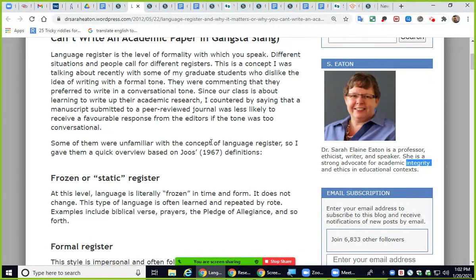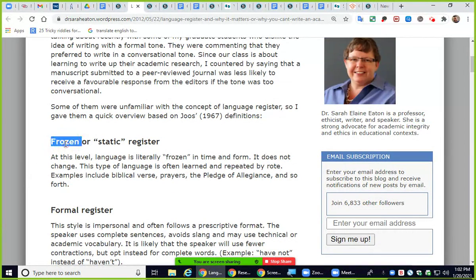Some were unfamiliar with the concept of language register, so I gave them a quick overview based on Joos's 1967 definition. So the first one is frozen, static register. And we all know this because we all know I pledge allegiance to the flag of the United States of America and to the republic, right?